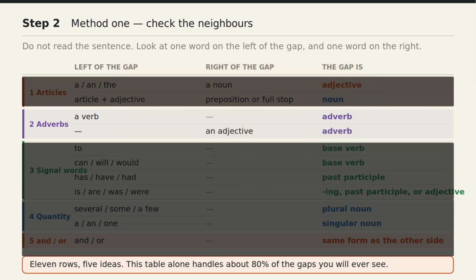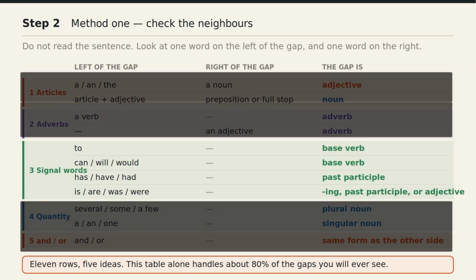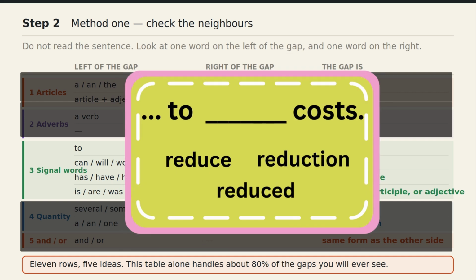Now we're getting into the really useful stuff. I call this signal words, because when you see one of these words, it basically tells you what comes next. You don't have to guess, you just know. For example, to plus base verb. "To gap costs": reduce, reduction, reduced. After "to", so it is reduce.